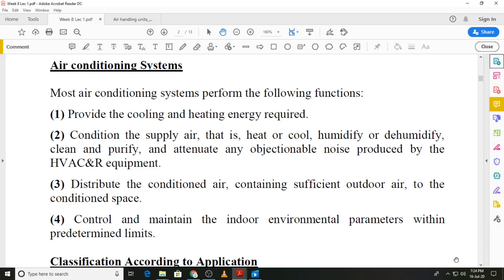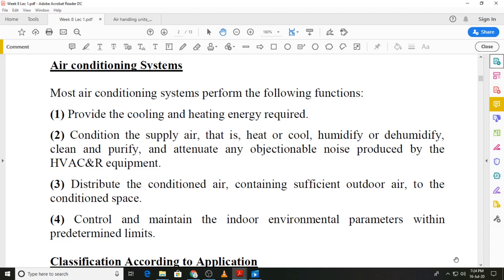Then we need to distribute the conditioned air. That means in the right quantity or volume flow rate it has to be supplied to the conditioned spaces, and within the conditioned spaces we must also ensure that the air distribution is proper. That means that the air movement inside the conditioned space is also proper.